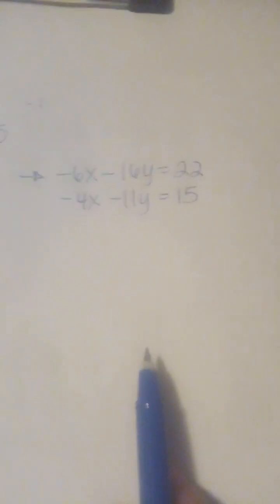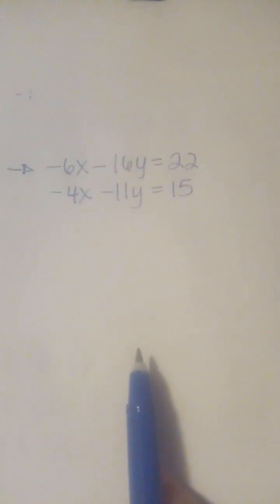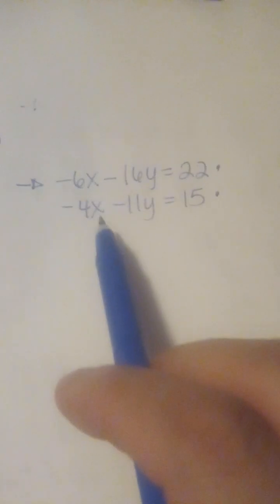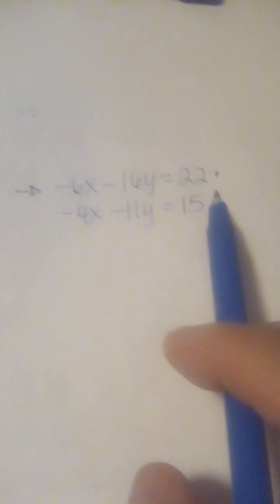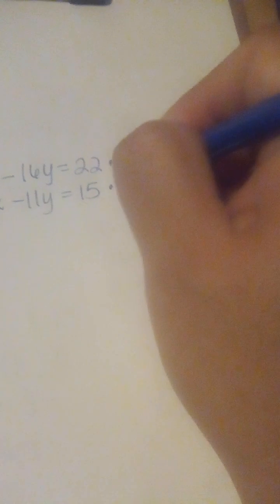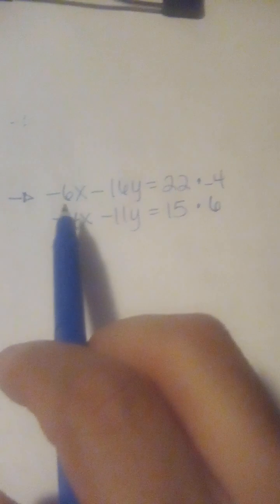All right, now we are finishing up just a little bit. Which numbers do we multiply to get the x's out across? We can multiply the first row by negative 4, and in the bottom row, we use positive 6. Let's do the first row.